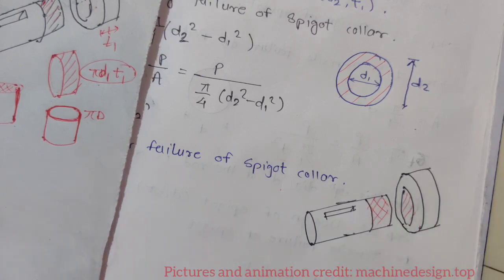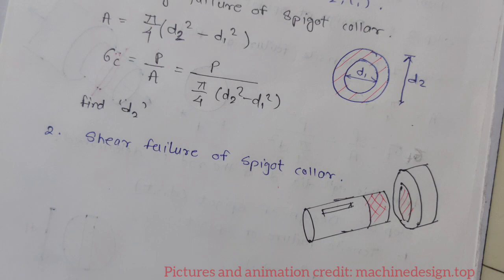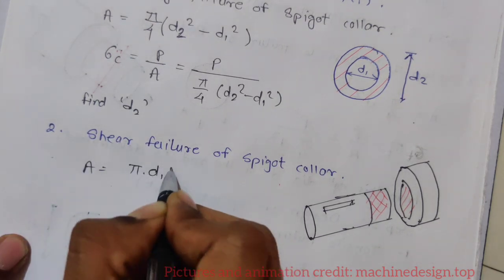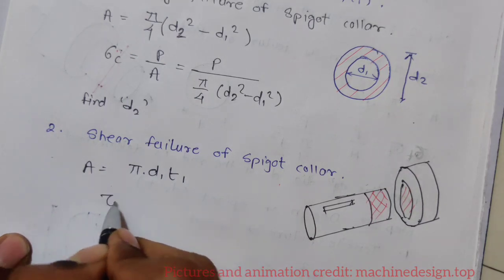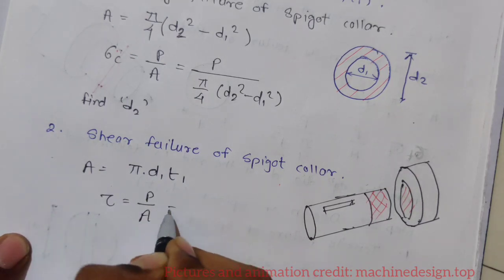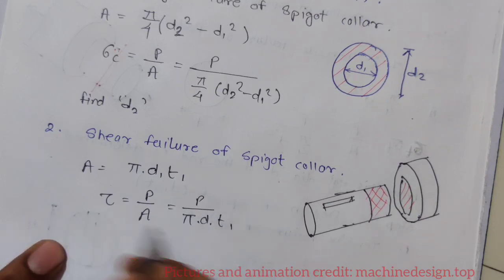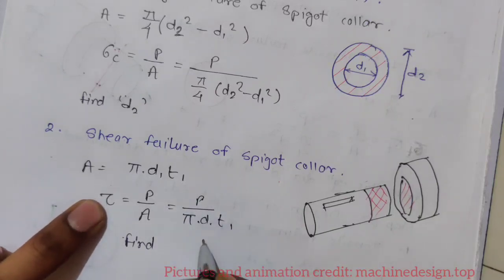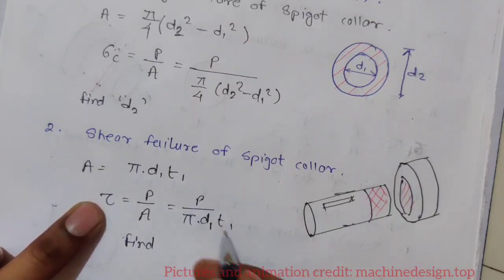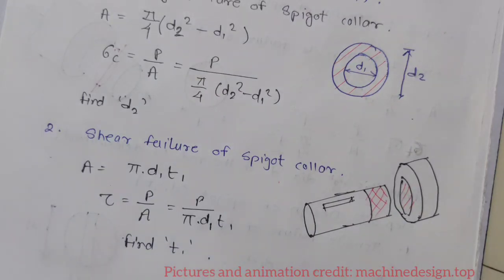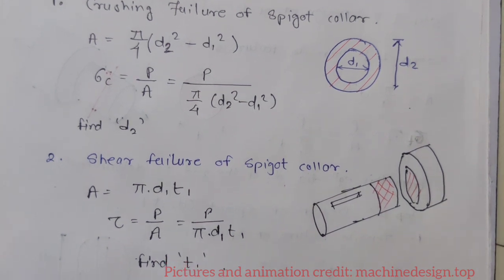So now what is the area? This area is pi D1 T1. So tau is equal to P upon A is equal to P upon pi D1 T1. From this equation, P we know, tau we know, D1 we know, so find T1. Okay, from this equation we can find T1.